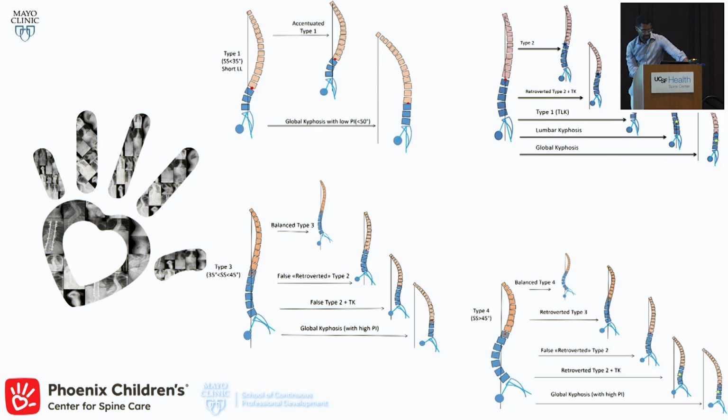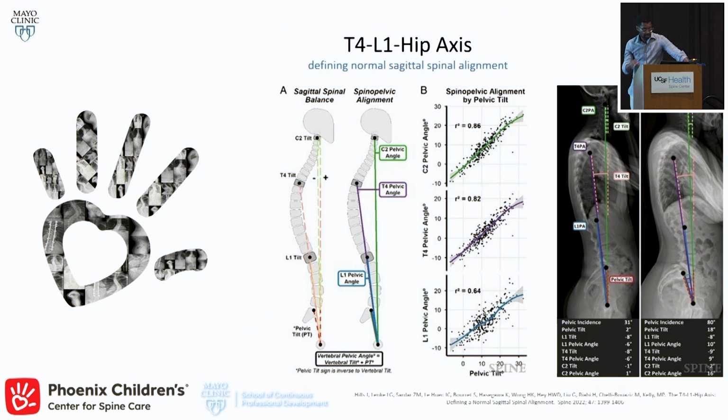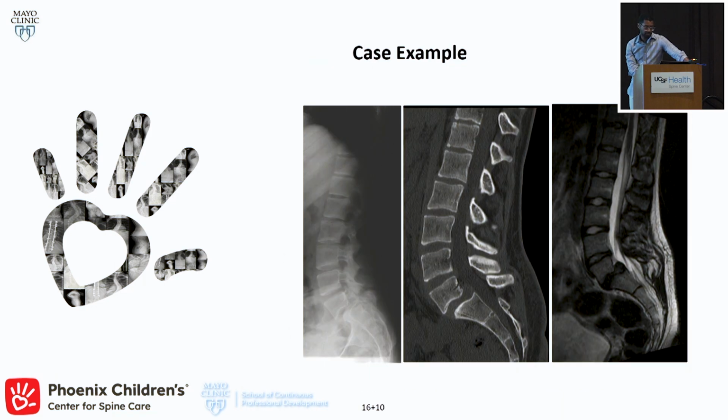So I take into consideration all the similar adult conversations that I have in my mind when I'm taking care of the pediatric patients in addition to the young adults, so that I can create harmony and alignment. And I also look at the Hills and Kelly classification to make sure that I'm achieving my T4 and L1 pelvic axis. Pelvic alignment. So everything comes into consideration even when we're taking care of lumbosacral pathology.